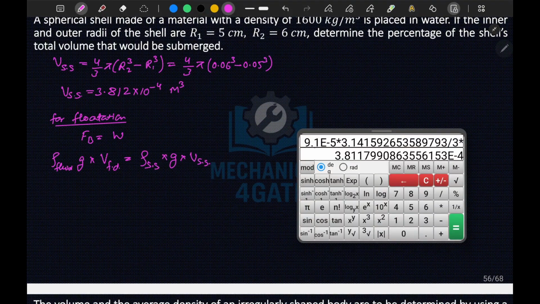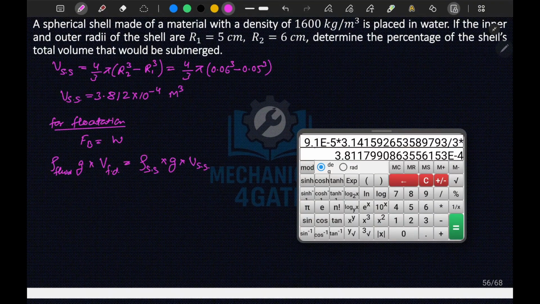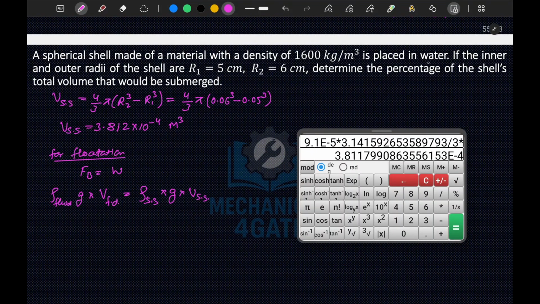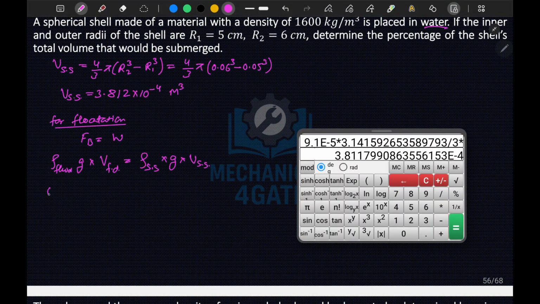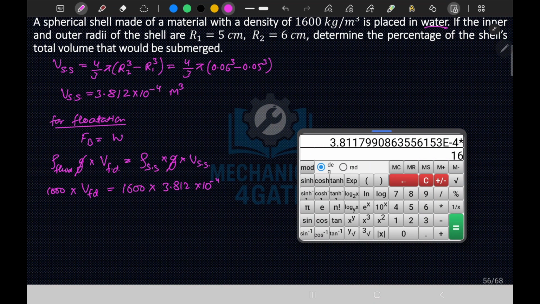The liquid is water, as mentioned that it is placed in water, so we will use 1000. G will cancel out, so 1000 times volume of fluid displaced is equal to density of the shell, that is 1600, into volume of the shell, 3.812 into 10 to the power minus 4.